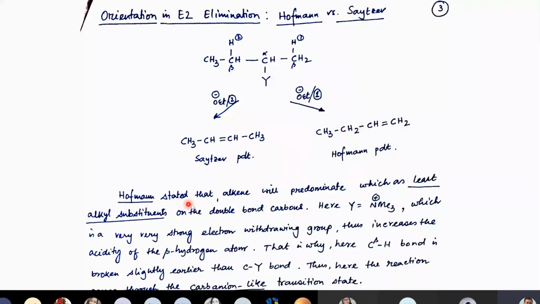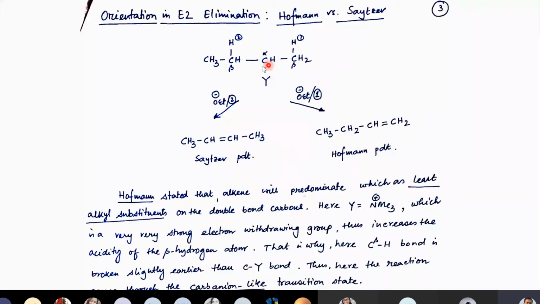What Hofmann said is the alkene which has the least alkyl substituents will predominate. Hofmann says that this product will form which has the least alkyl substituent on the double bond carbon. When will that form?